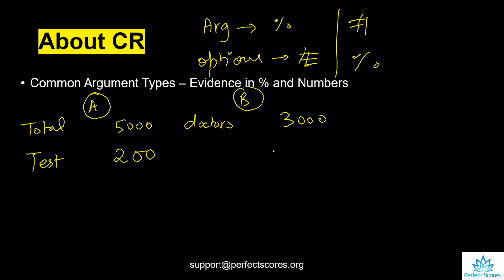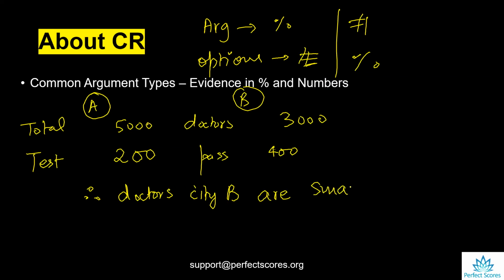In city B, let's say 400 of those doctors were able to pass the test. On the basis of this information, I can say that doctors in city B are smarter. Do you think that this is a correct conclusion?